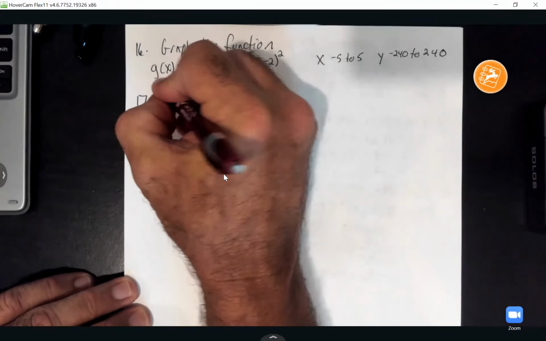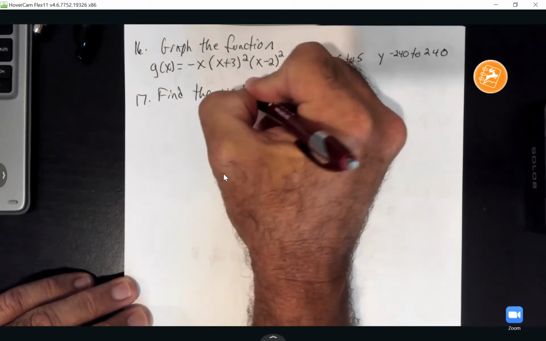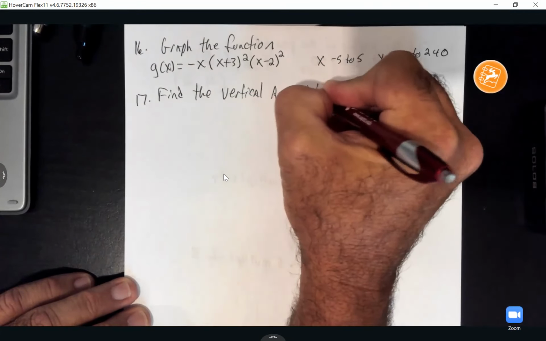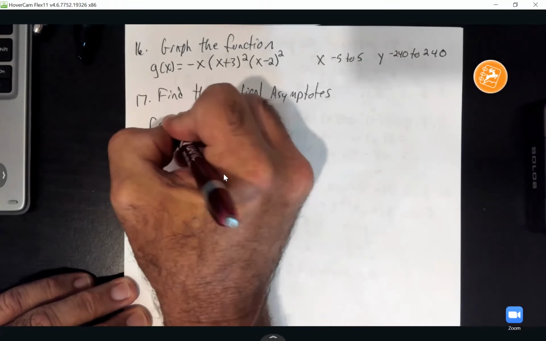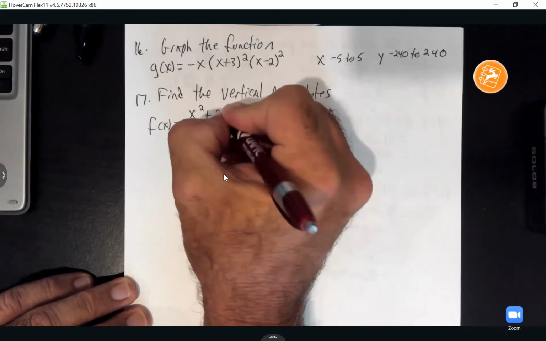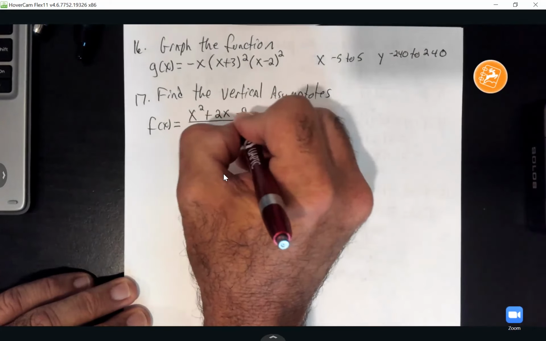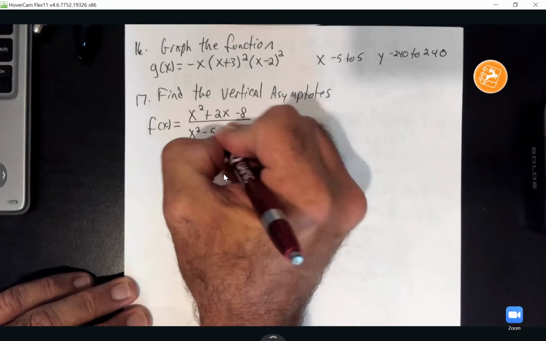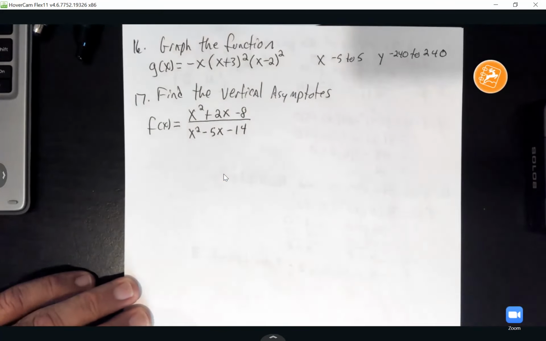17, find the vertical asymptotes. They're giving us f of x equals x squared plus 2x minus 8 all over x squared minus 5x minus 14.